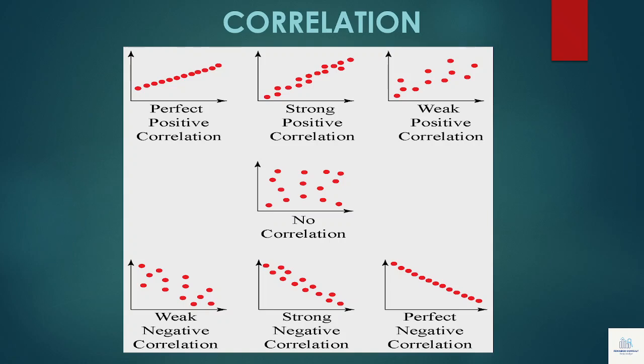Now, I'm giving us this graph for us to have an idea of what correlation is actually about. You can see from the first graph, we have a straight line graph there, and it is moving away from the graph.